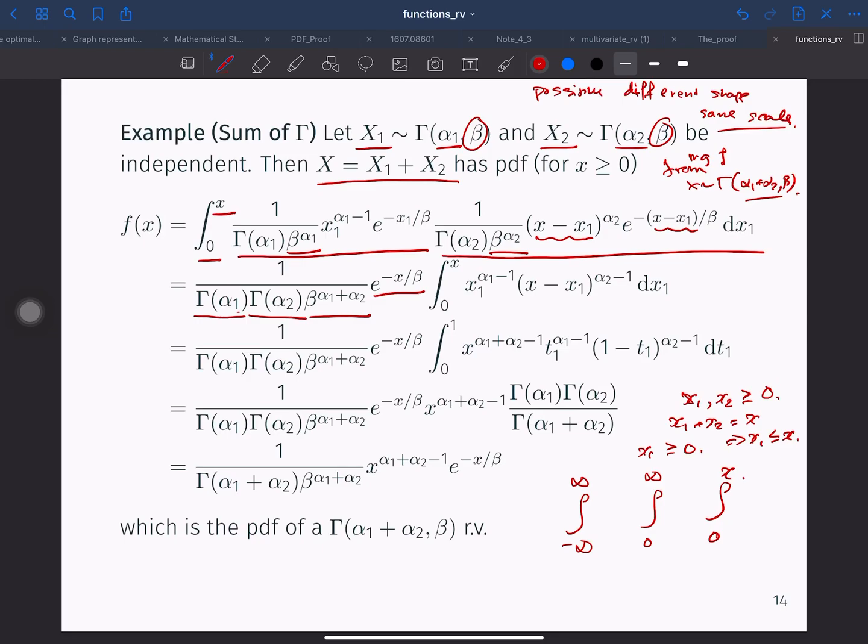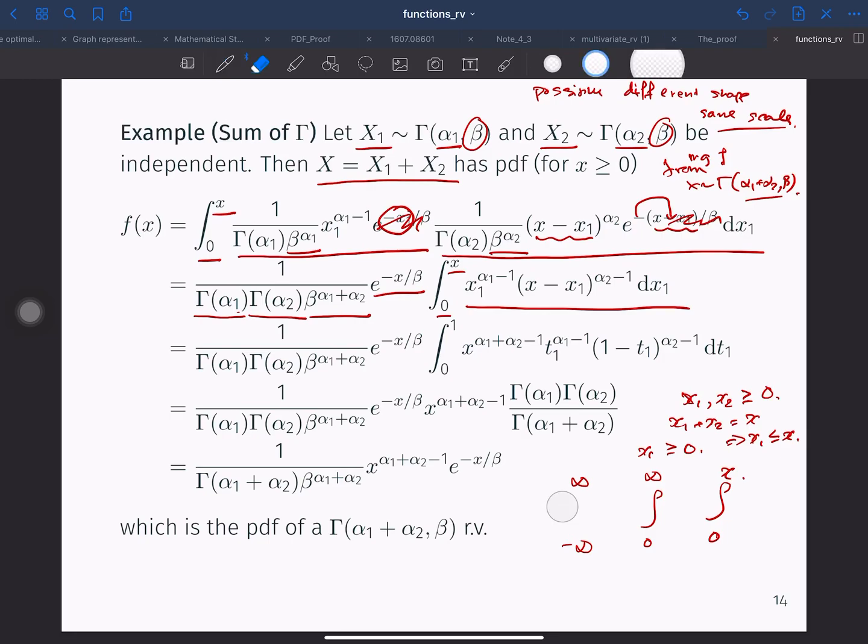So now you have e to the minus x1, and here minus of minus x1, so those cancel out. Therefore you no longer have e to the x1, so you have this integration here from 0 to x. This looks like a beta integral, and it is if you do a quick change of variable.